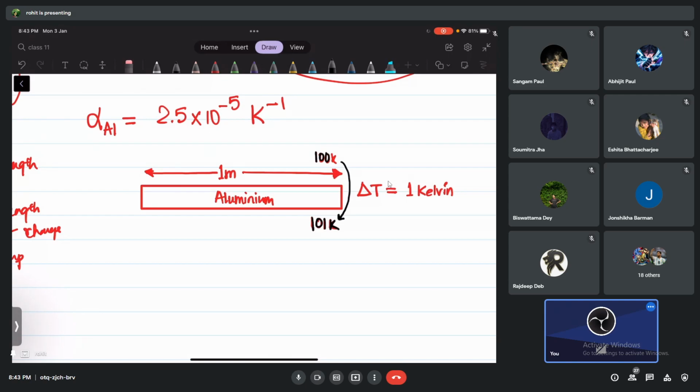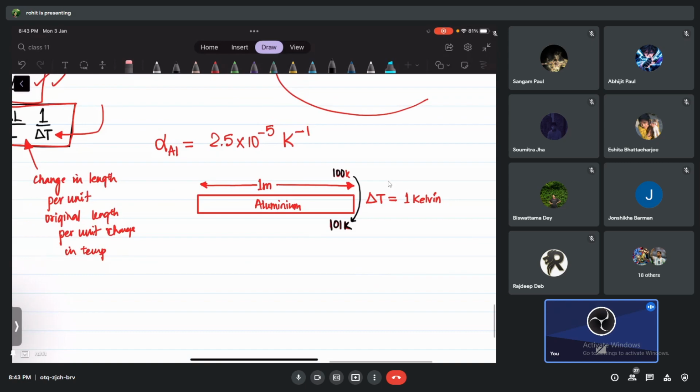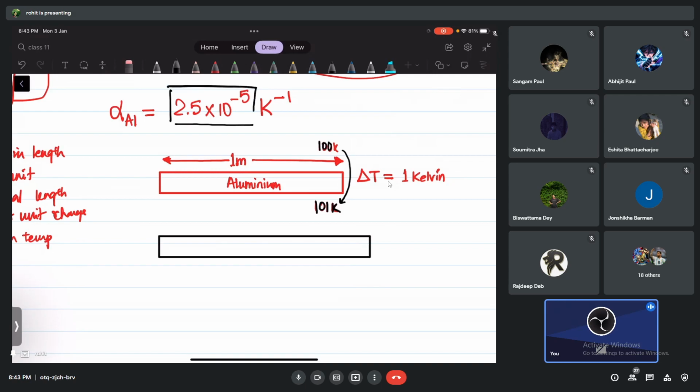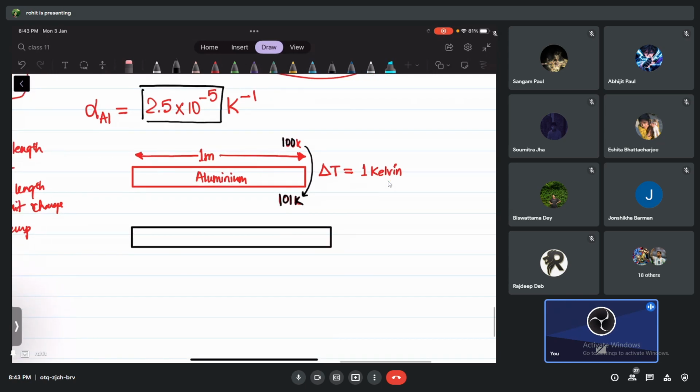Then think what will happen to the wire. Will it remain like this or undergo expansion? You already know it will undergo expansion. This number, 2.5 into 10 to the power minus 5, tells you the amount of expansion.